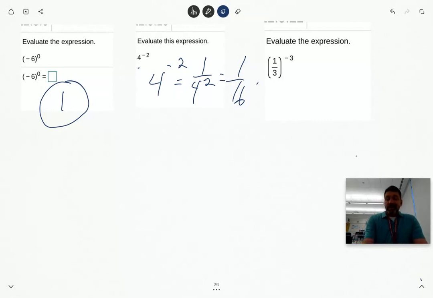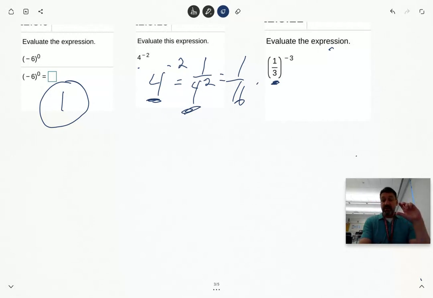All right, and again, with a negative exponent here, it flips things over. So this 4 here, the 4 over 1, was flipped over to 1 over 4. Same thing when we have a 1/3.